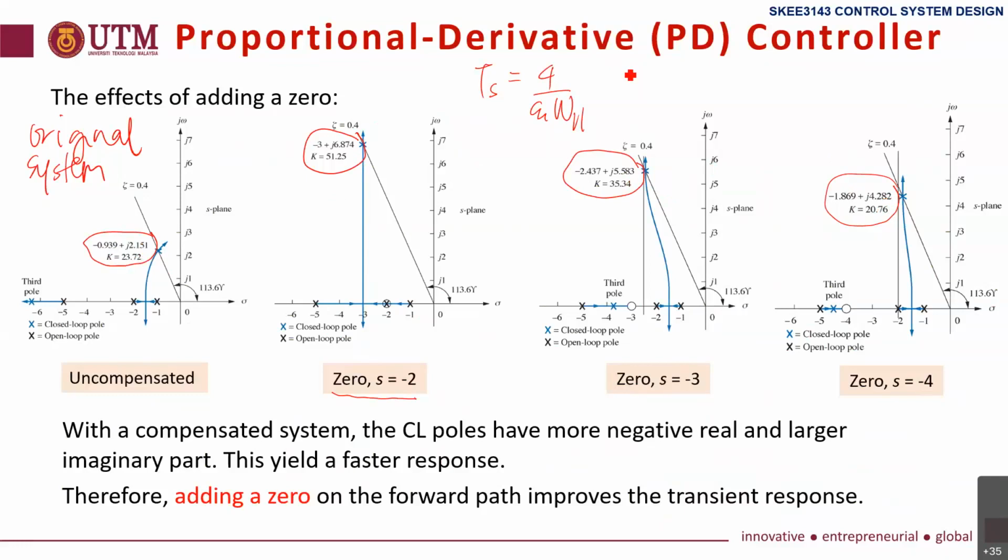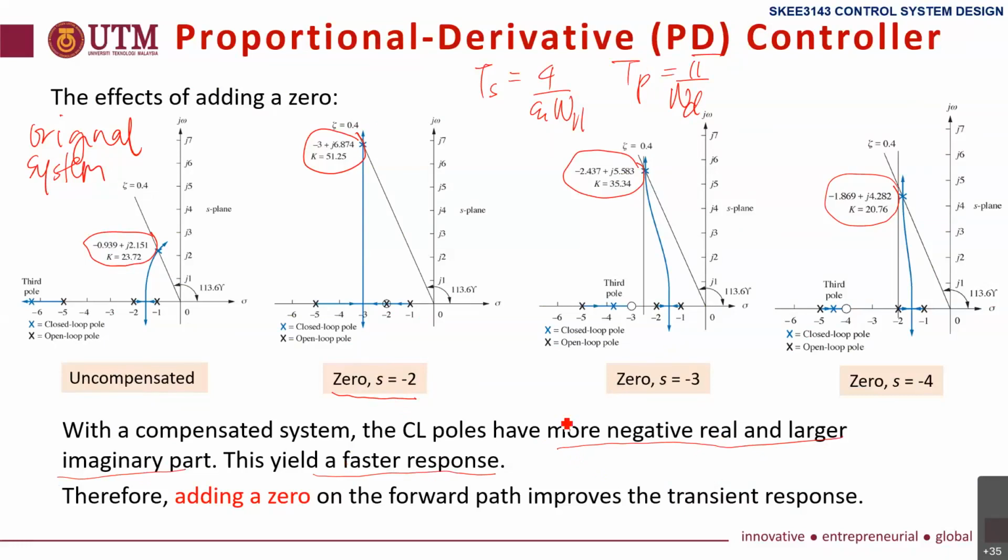Again, TP is pi over omega d. We can see that when we add 0, omega d increases. Therefore, TP also reduces, small TP. Reduced TP means the system becomes faster. So in conclusion, by adding 0, the system will have a more negative real part and a larger imaginary part and become a faster response. That is the good thing of PD. We add 0, system becomes faster.